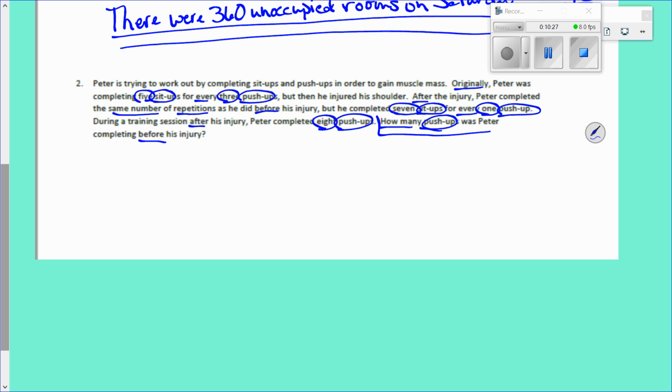So there's our question. We'll box that. So breaking this down, we have 2 factors, right? We have before his injury and we have after his injury. They gave us information for each, didn't they? So before his injury, what was it looking like?